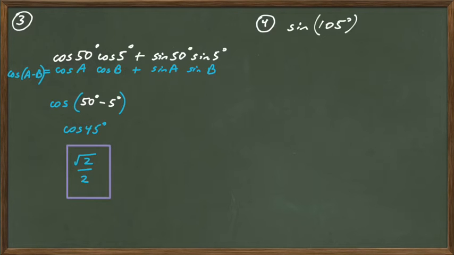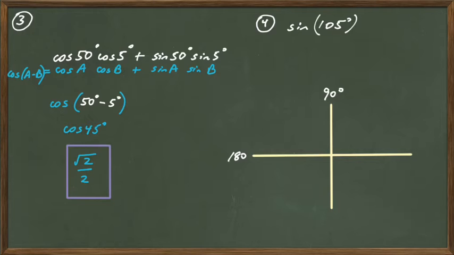Now, sine of 105, we have to realize that 105 is bigger than 90, but less than 180. How much less than 180 is 105? I don't think I could do it that way, so I'd have to write it some other way, right?